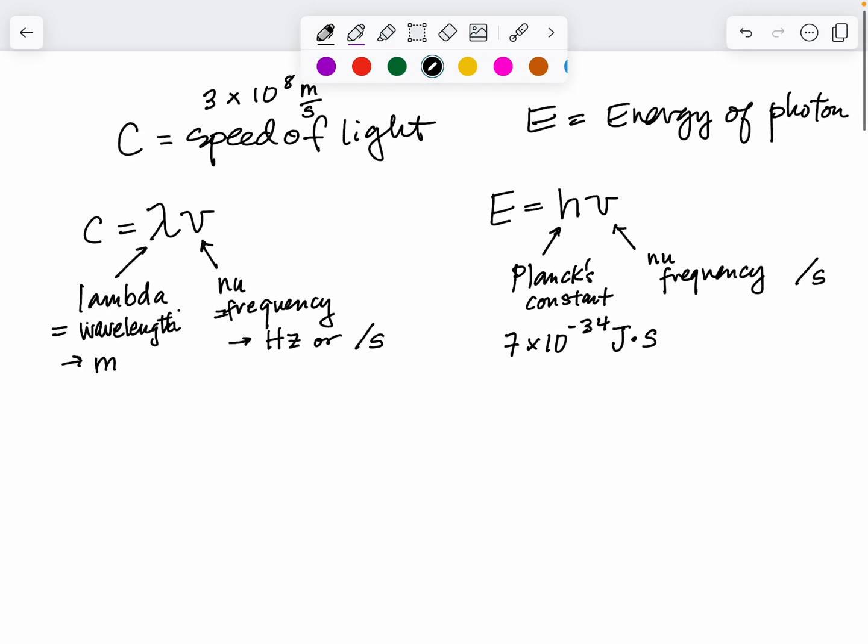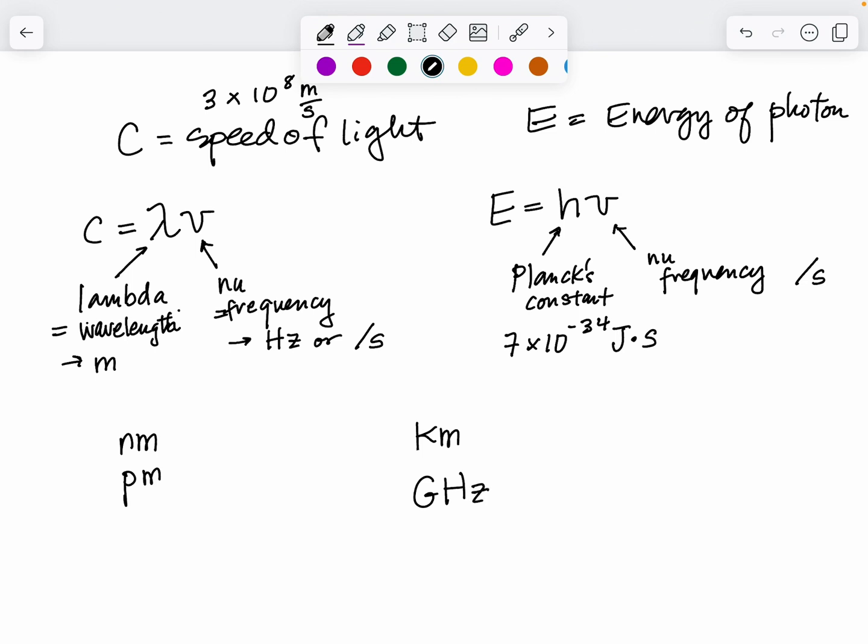The next thing I want to talk about are the types of conversions that we're going to need. So we're going to have nanometers, picometers, kilometers, gigahertz, it could be a gigameter, anything like that.